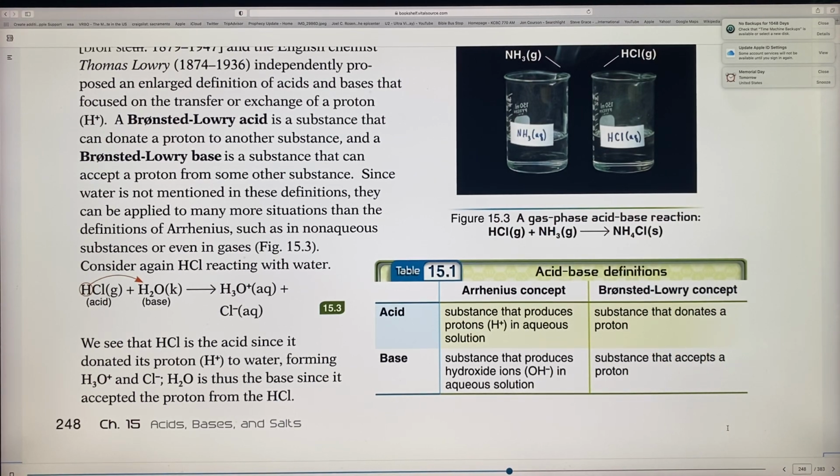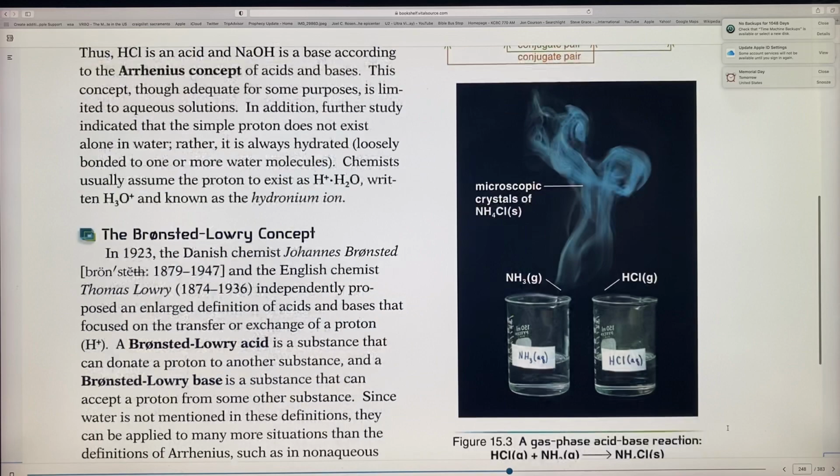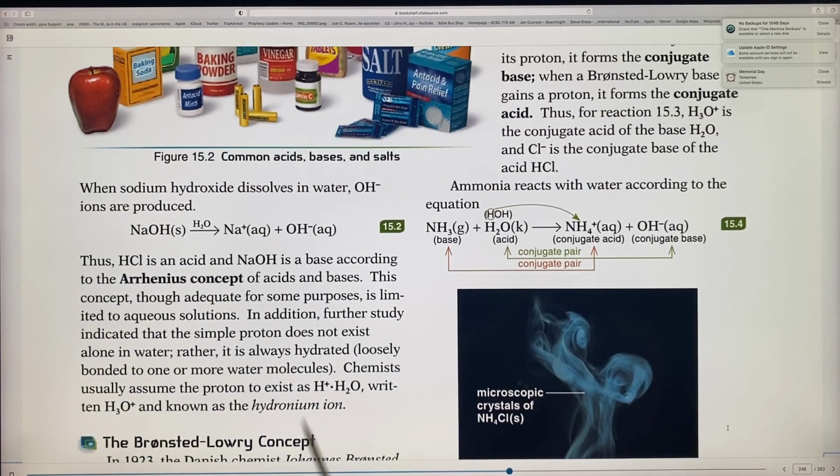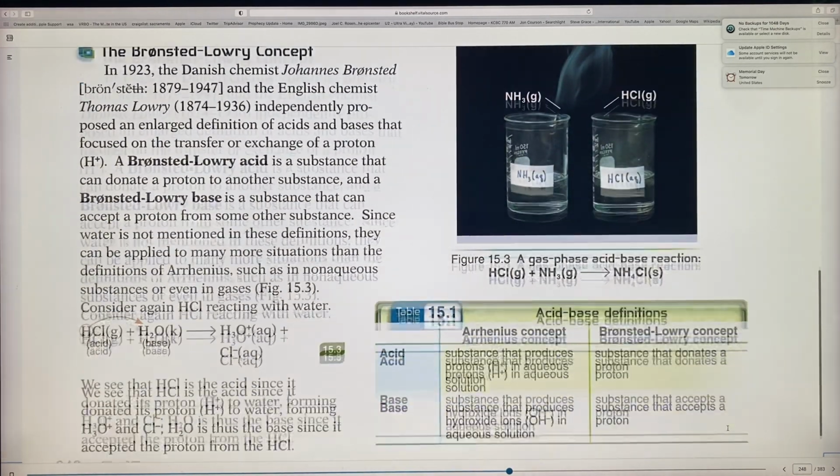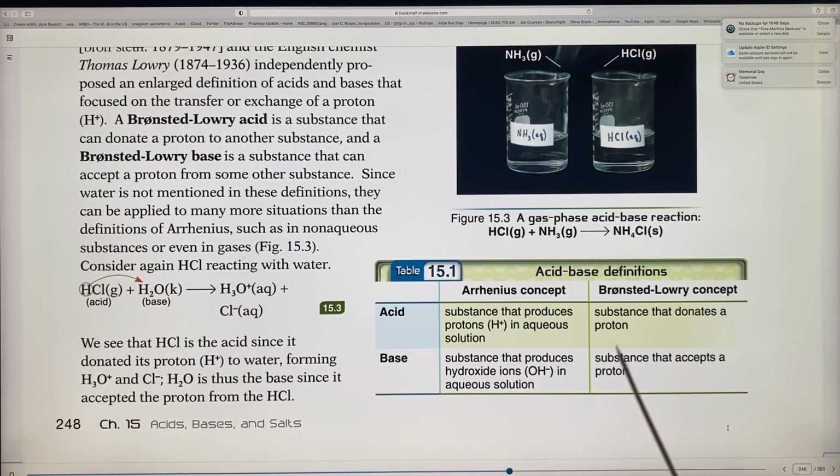That proton is represented by hydrogen. So the difference is donating or accepting a proton, or talking about the ions of hydrogen and hydroxide. But they're both doing the same thing. It just depends on what concept you want to discuss about acids and bases.